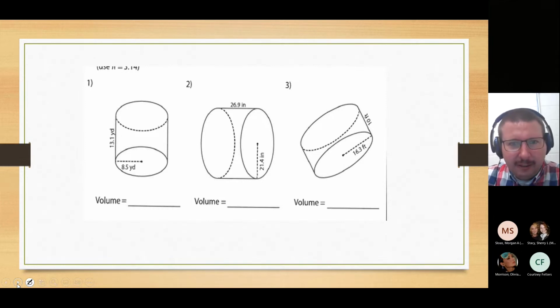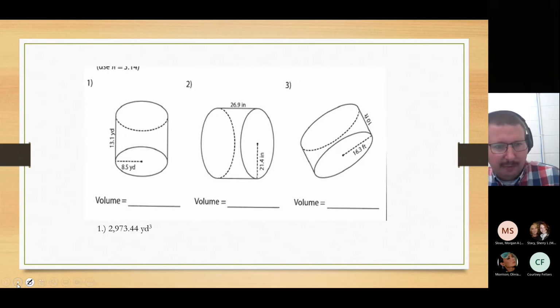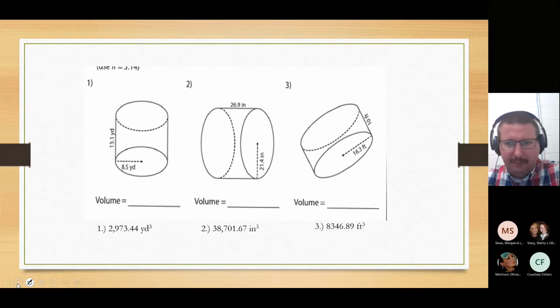And thankfully, for the 3 that I've given you, I did not give you the diameter. So you just type it in, pi times your radius squared times your height. But if I had given you the diameter of the circle, you would have to halve it and then plug it into the formulas. So for time's sake, number 1, 2, and 3.